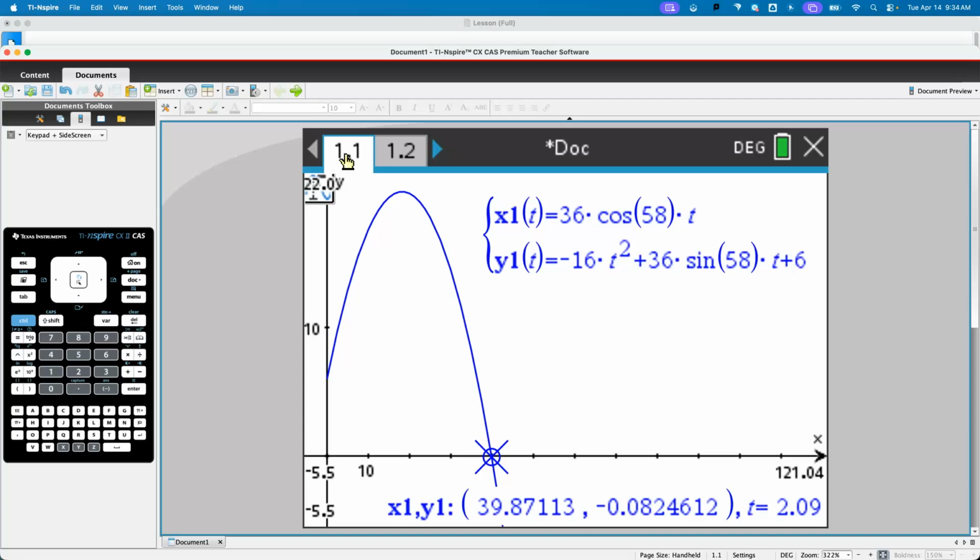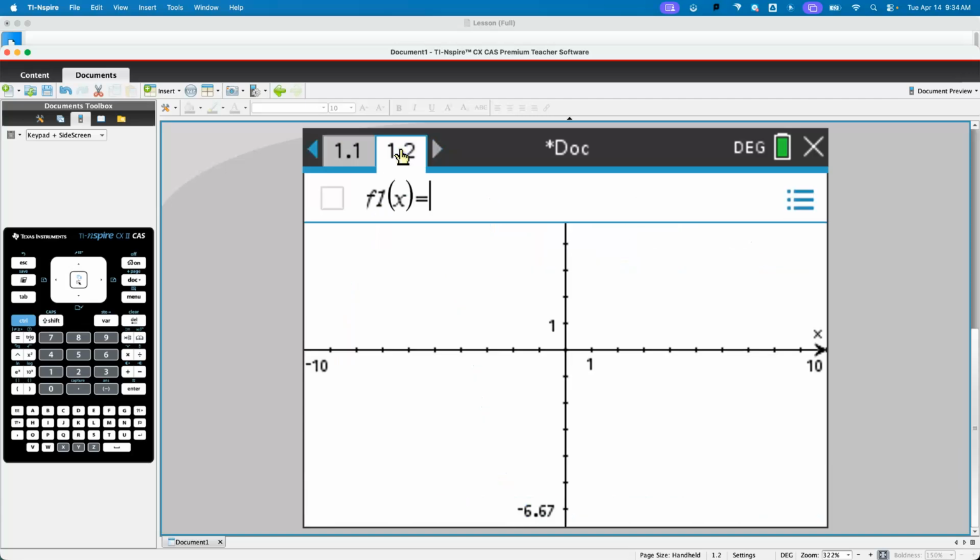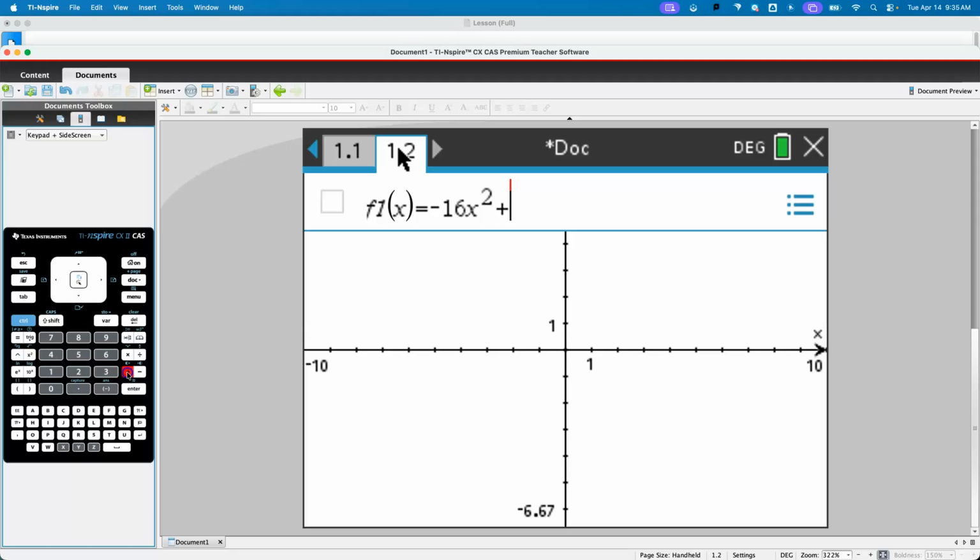Okay? So what we're going to do then is take our function, -16. Now it was -16t squared, but this is a function of x, so I've got to change this over to x squared plus, no, not 75, excuse me, that was Alfred, 36 sine of 58 degrees times x plus 6.